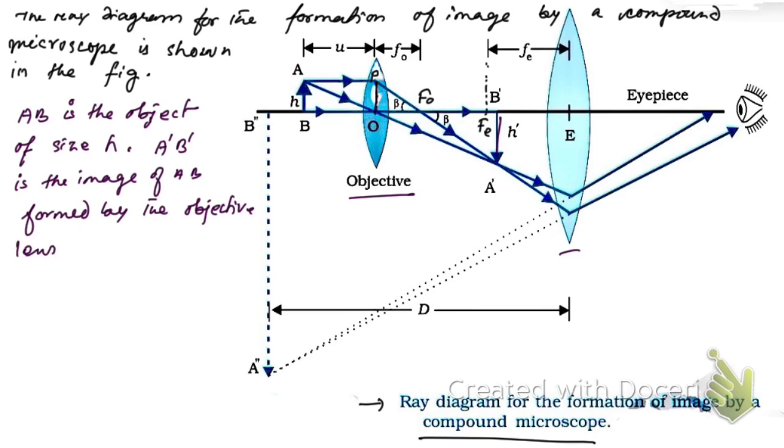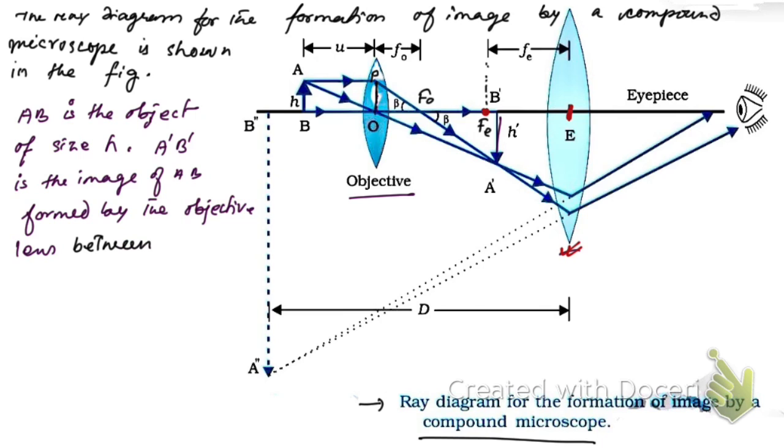This image is formed between the focus point of the eyepiece and the optical center of the eyepiece, which is marked E in the diagram.